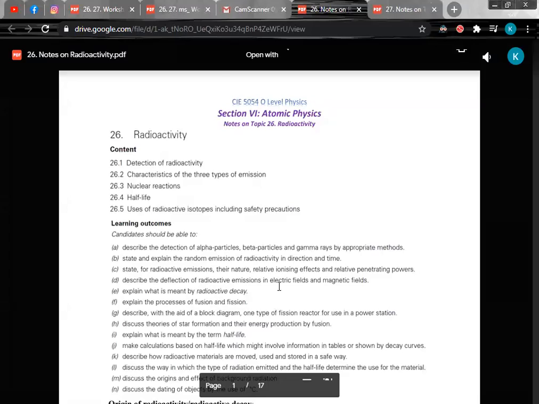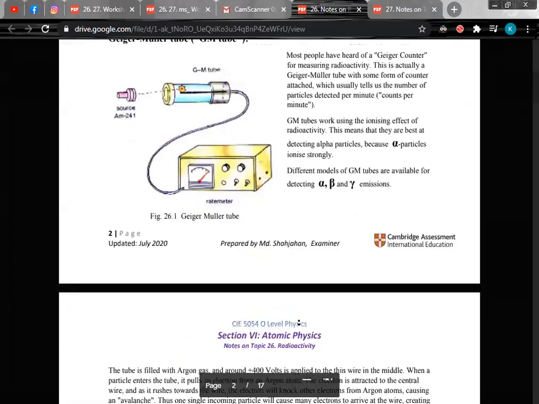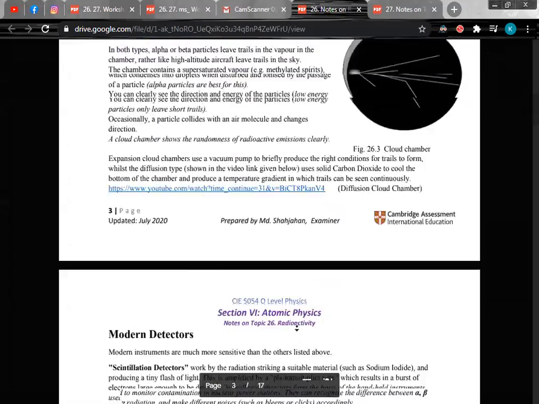Karim, you cannot get it on that page because I edited it later, but in the mark scheme it's not edited. That's why you will not get it on that page.